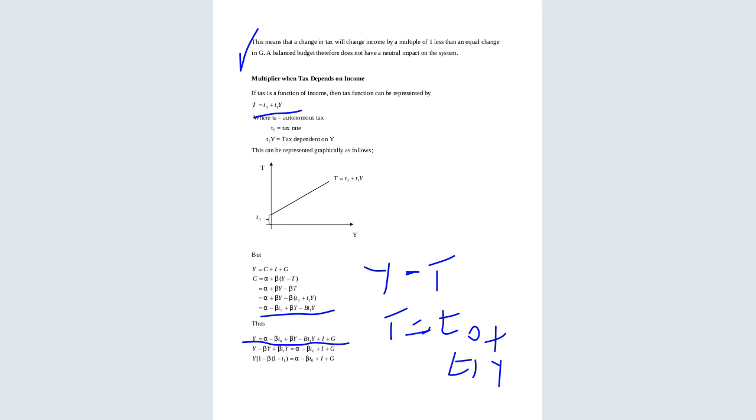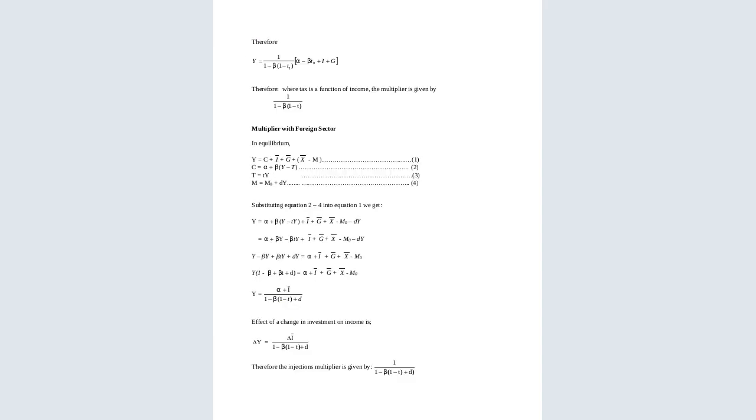So you can now move and make Y the subject. Get the like terms together and make Y the subject. If you do that, this is what you will have.